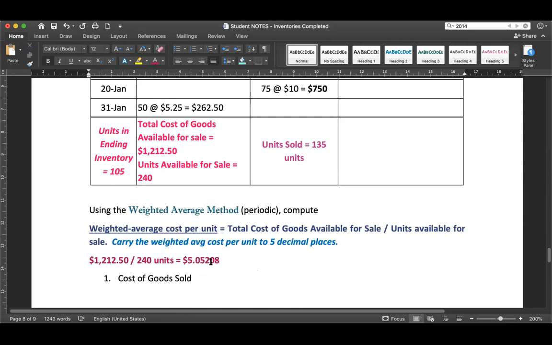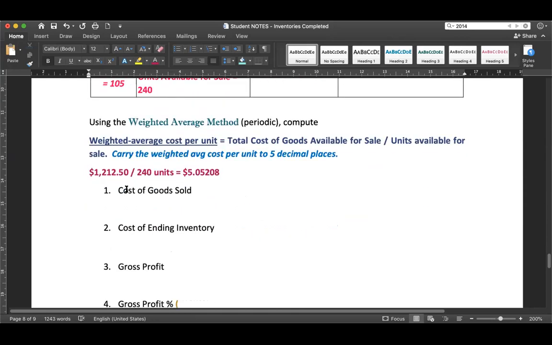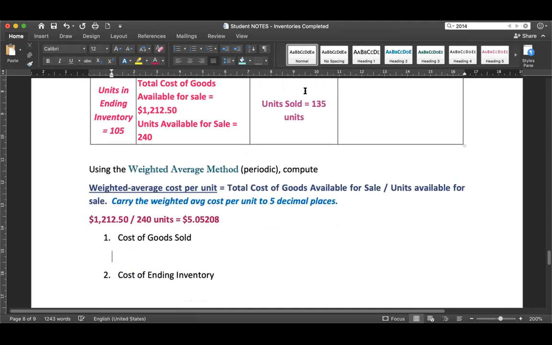So that's 5 numbers after the decimal point. The reason being is this is usually sufficient so we don't have rounding differences. But the cost of goods sold and the cost of ending inventory will be rounded to the nearest penny. So our cost of goods sold, in this case, they sold 135 units.